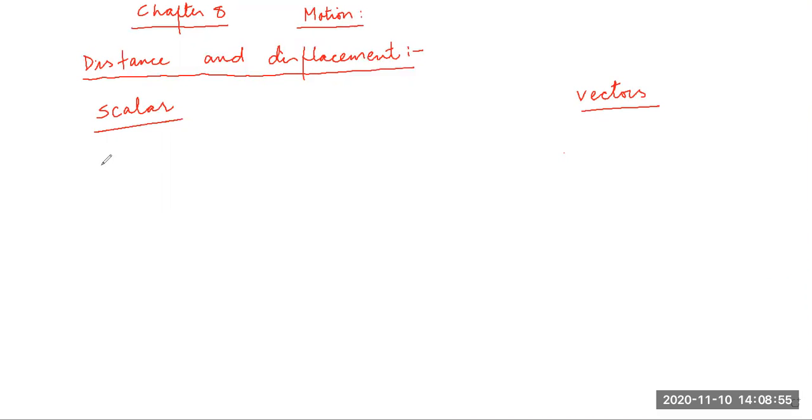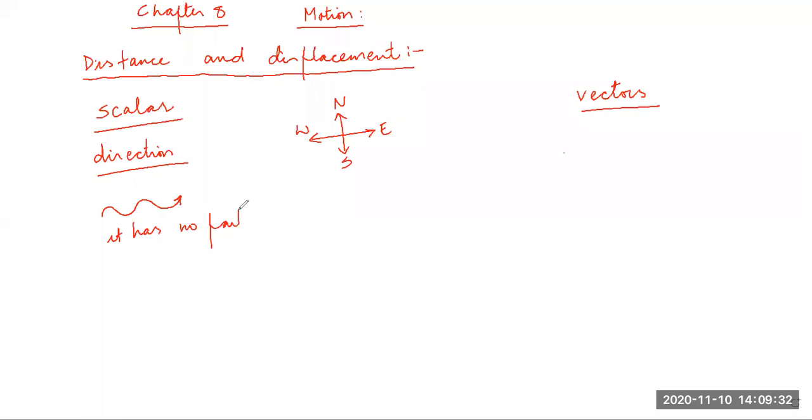First of all, we know what we mean by direction: north, south, west, east. Not only this, there can be infinite directions. If a point is moving like this, we say it has no particular direction.